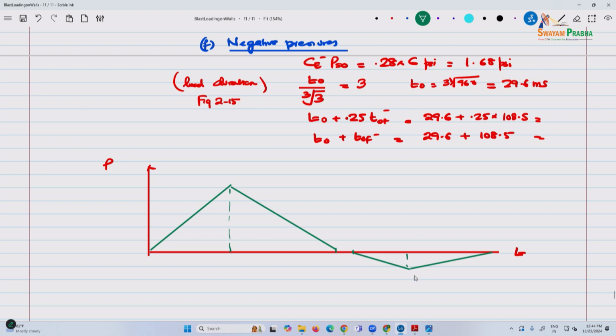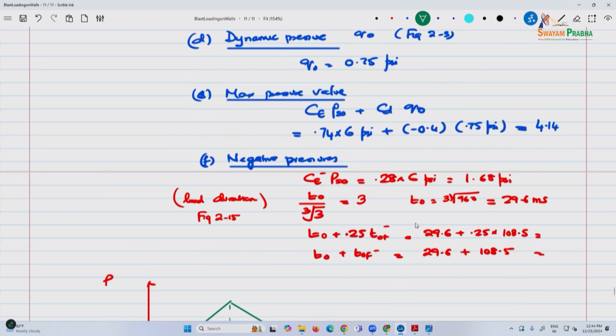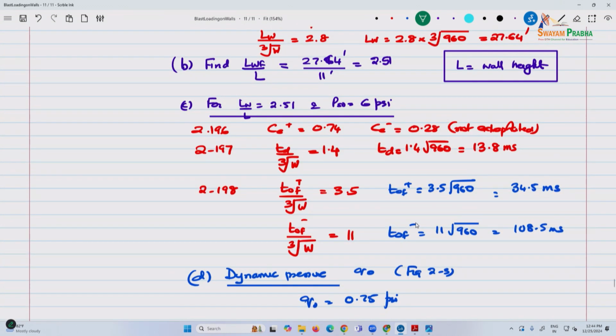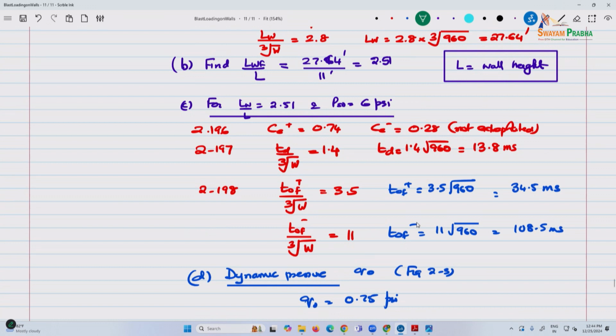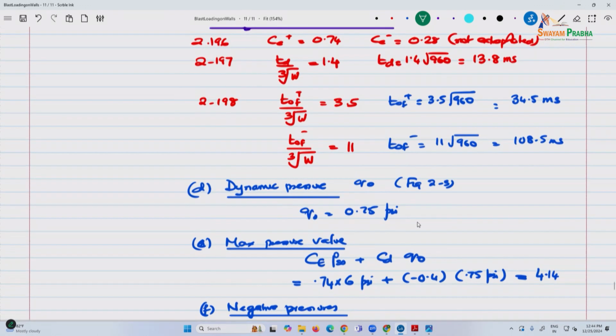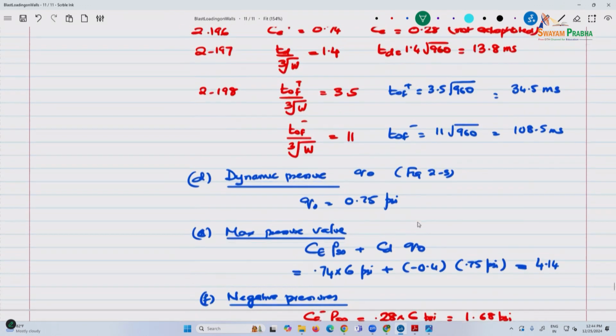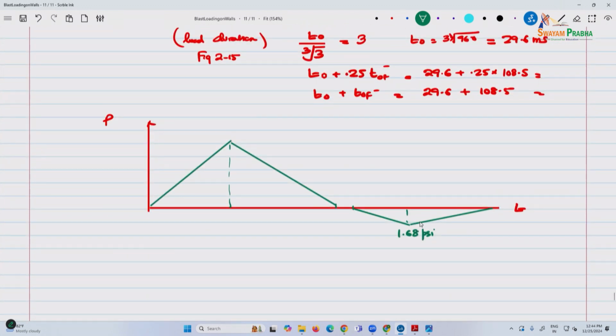So the peak values were negative 1.68 psi, and the peak positive was how much was it? 4.2, you said? 4.14.